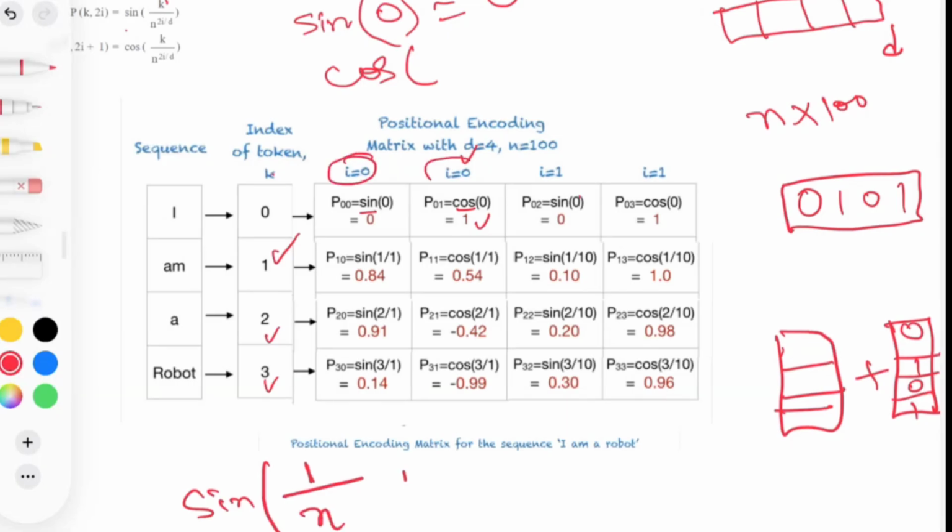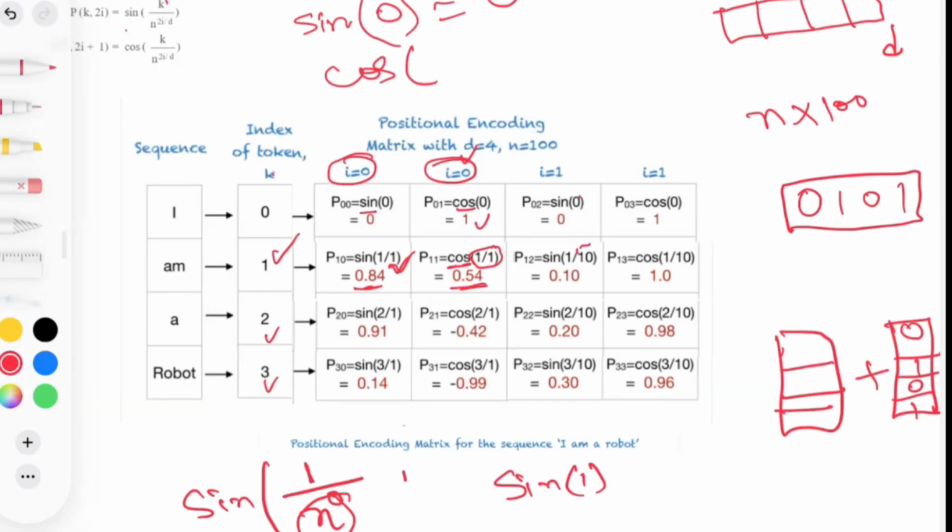Now I'm just looking at the 0th position, so I is 0, so 2i will be 0 only. So n to the power 0 will give you 1, and 1 divided by 1 gives you 1. So sine 1, you can see you are getting sine 1 here, and that is about 0.84. In this case you get the same thing, but we apply cosine. So cosine 1 equals 0.54.